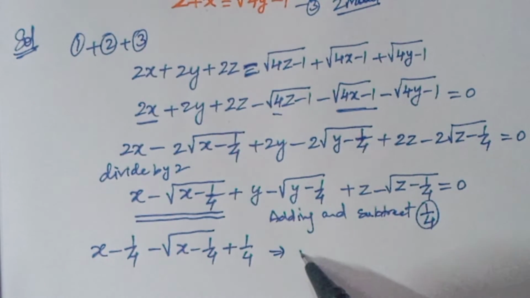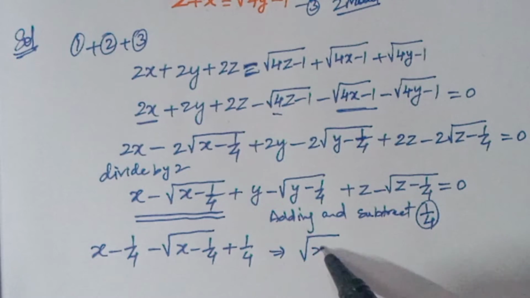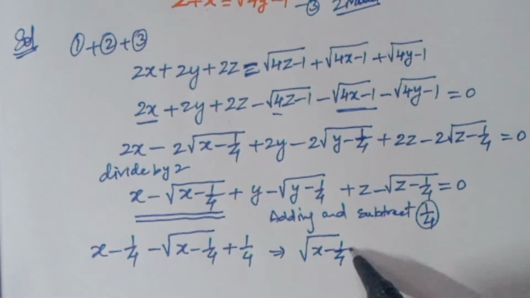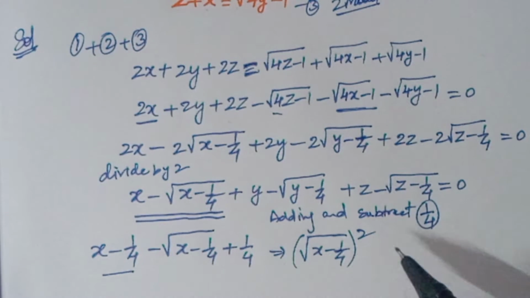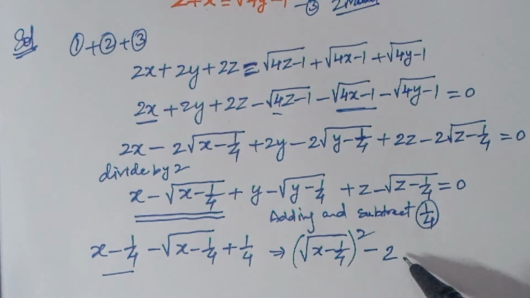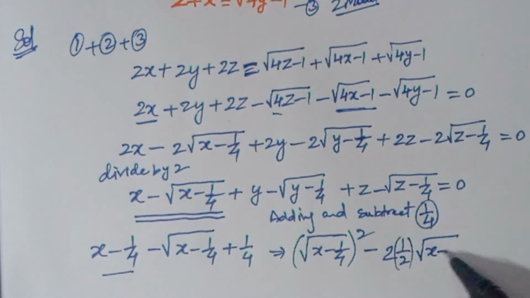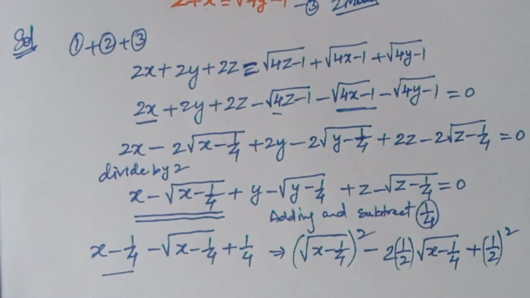So this can be written as root of x minus 1 by 4 whole square, that is the first term, minus 2 into root of x minus 1 by 4 into 1 by 2, plus 1 by 2 whole square.